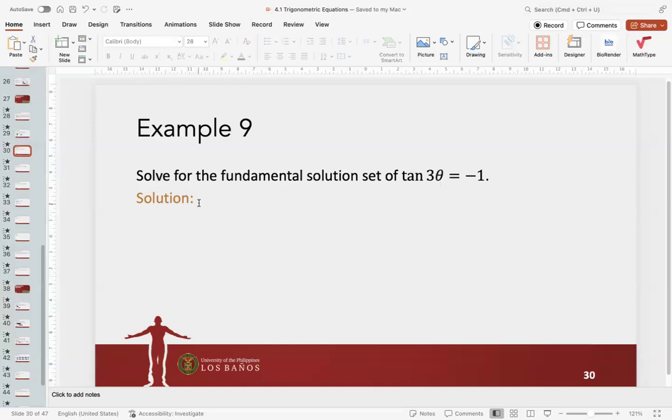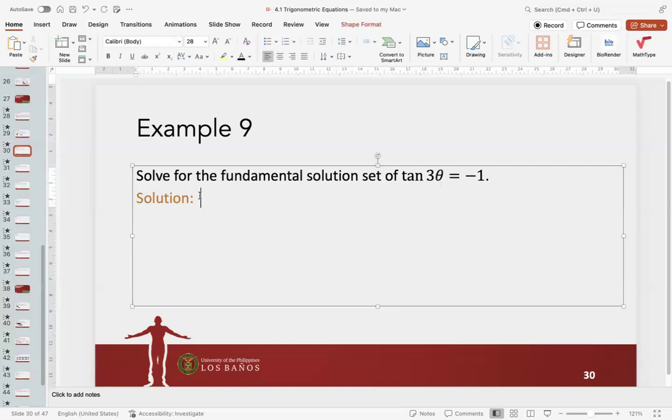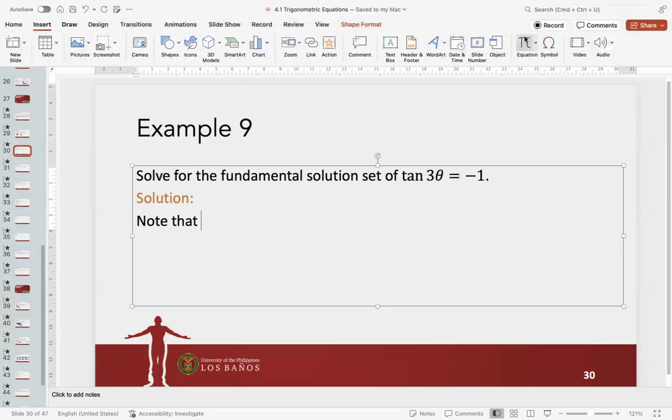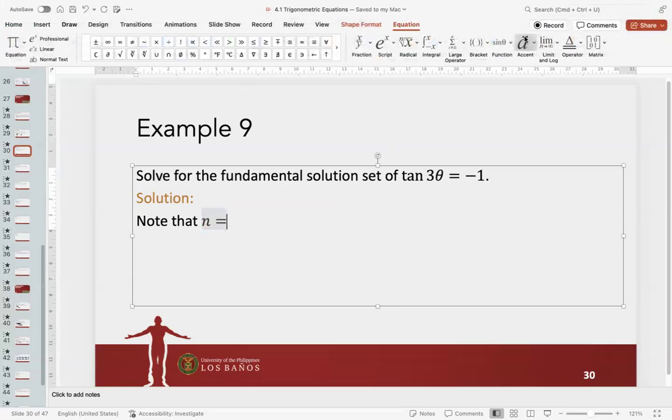Here we want to solve for the fundamental solution set of tangent 3 theta equals -1. Here we note that our variable is theta. It has a coefficient of 3. So that means n is equal to 3.